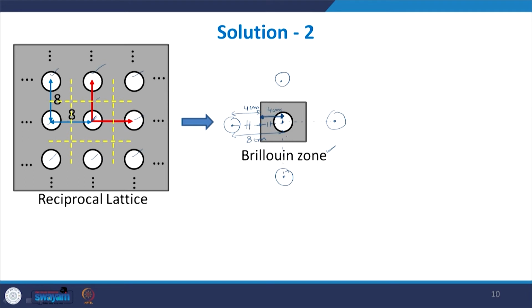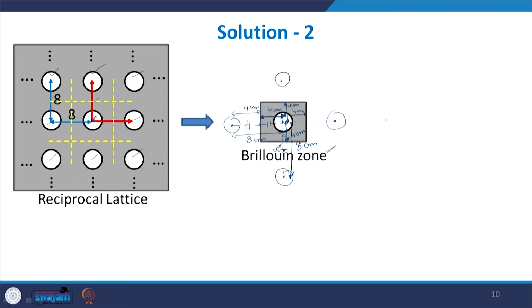In the same way, this line is also drawn bisecting these two lines. The total length here is also 8 centimeters, so this will be 4 centimeters, and this length here will be 4 centimeters. With the same logic, this length will also come out to be 4 centimeters, and this upper length will also be 4 centimeters.